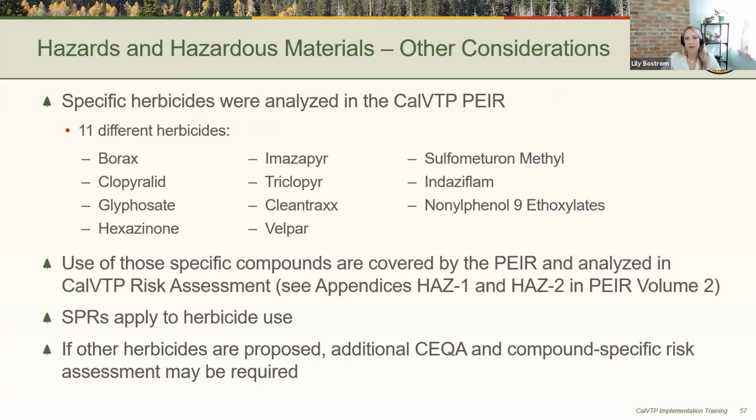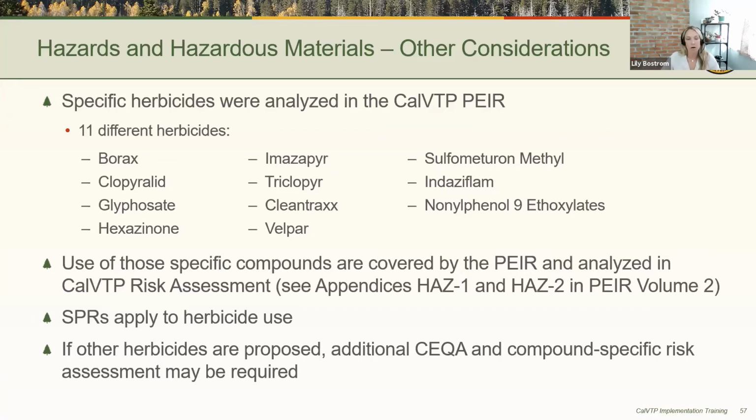So in this case, we did not need to look at the use of herbicides under this project, but many of your projects will likely propose the use of herbicides. And so 11 different herbicide compounds were evaluated in the CalVTP program EIR, which are supported by a compound-specific risk assessment. So if your project is proposing to use any of these 11 compounds, then they are covered by the program EIR.